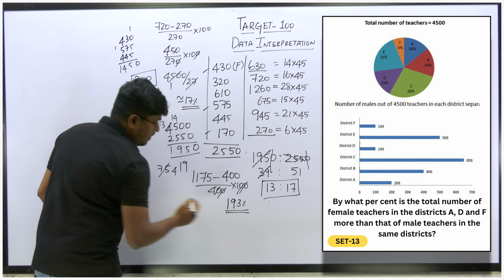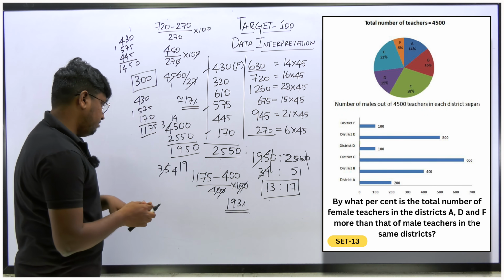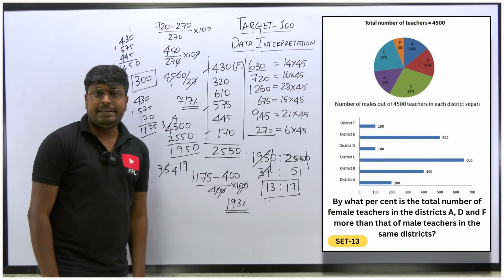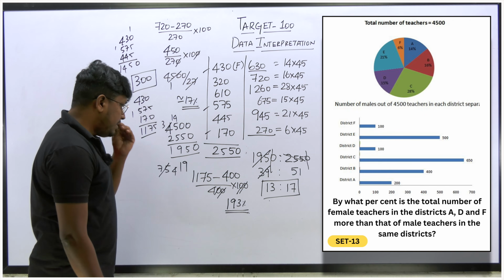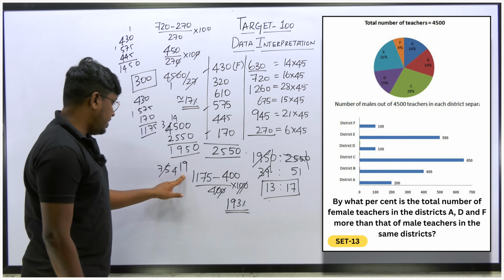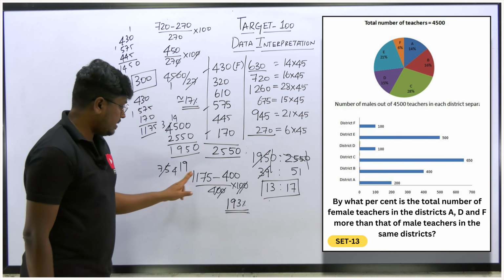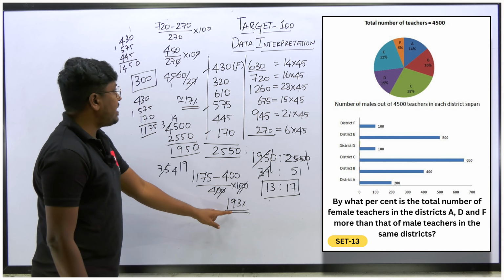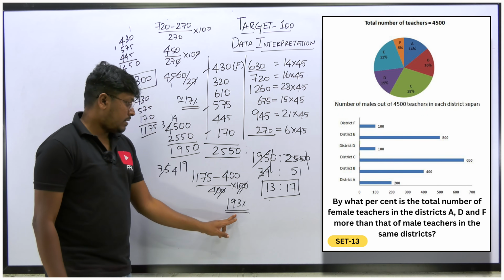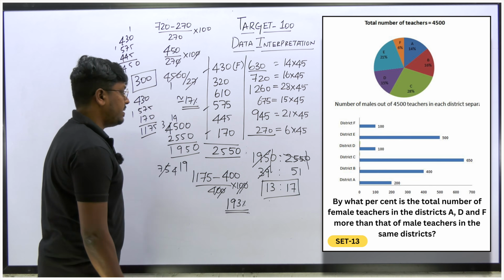I'm getting an answer of 193% more, right? Please check this alone, because 175 is around 7 divided by 4. I'm getting 193%. Please check this out, because I don't know whether it is correct or wrong. So 193% more is the answer for the last fifth question.